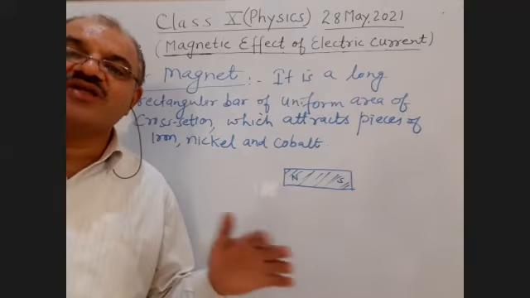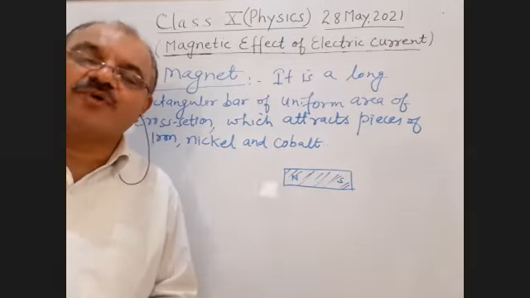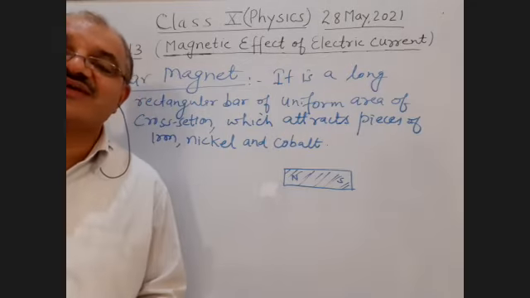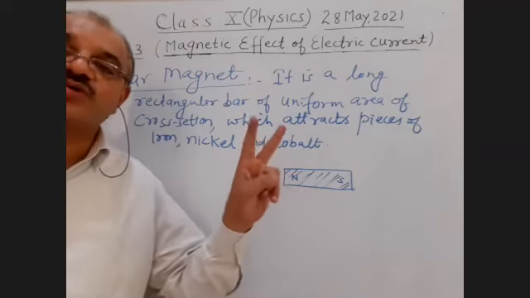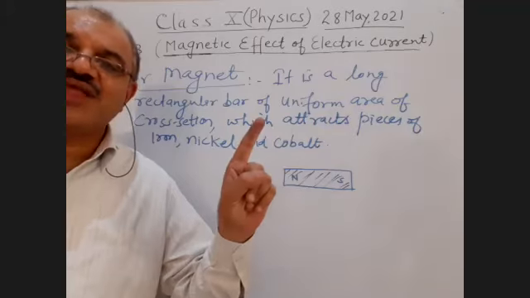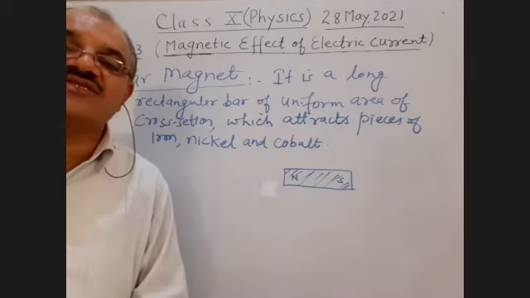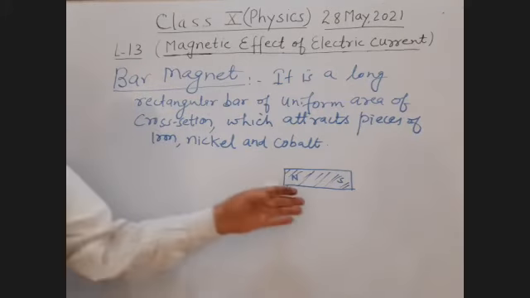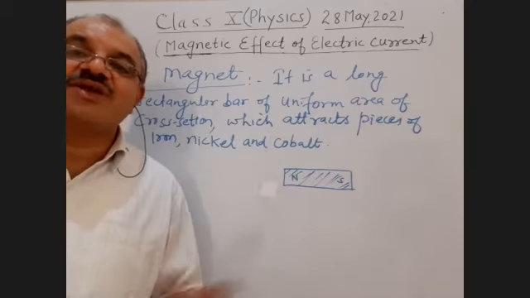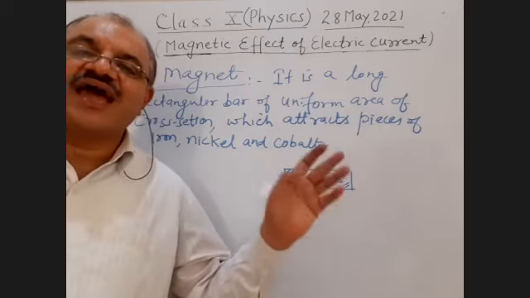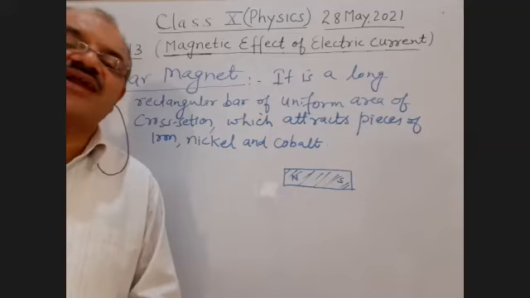So similar poles will repel each other, and opposite poles will attract each other. This is the property of magnetism: similar poles repel each other, and opposite poles attract each other.